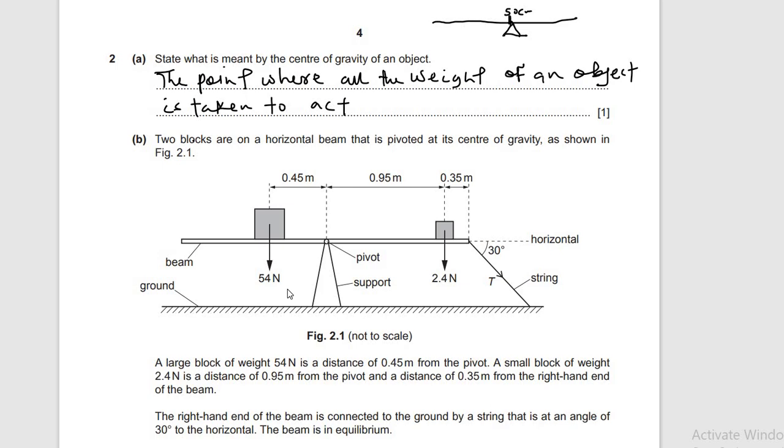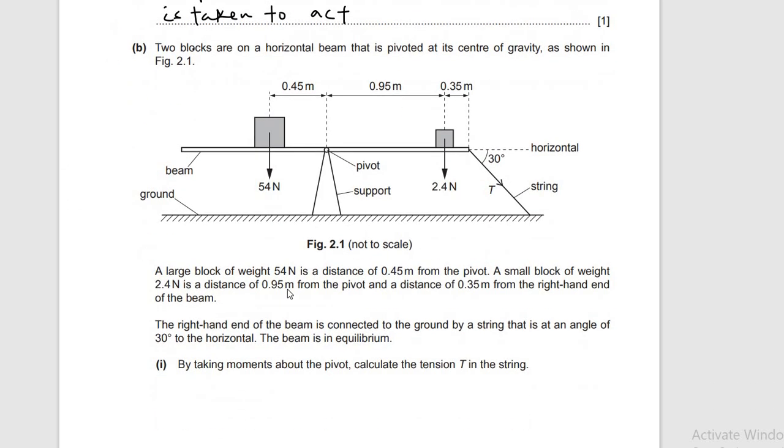Another weight, 2.4 Newton, also acts down at a distance 0.95 meter from the pivot. And we have a distance 0.35 meter where a string is used to tie the beam to the ground at an angle of 30 degrees, as you can see.